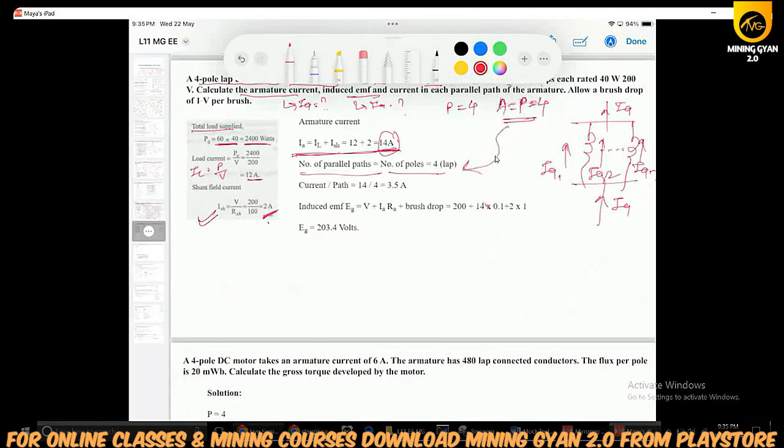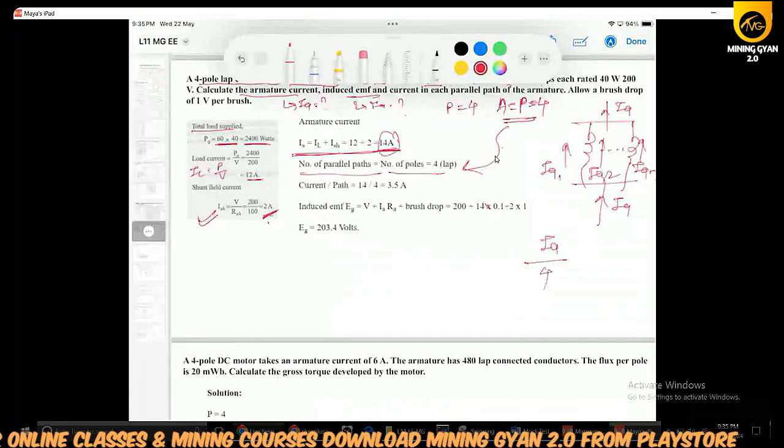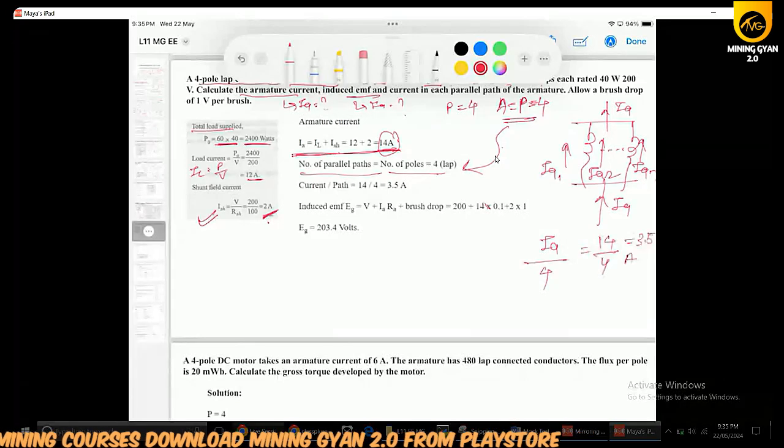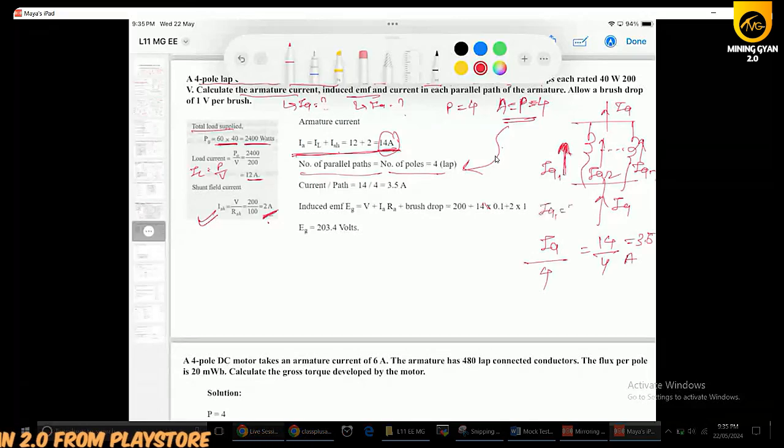You have to distribute the current like this, because IA is divided into 4 parts. So IA by 4 is 14 by 4, and that is 3.5 amperes. So 3.5 amperes is flowing through each parallel path. IA1 equals IA2 equals IA3 equals IA4 equals 3.5 amperes, right?